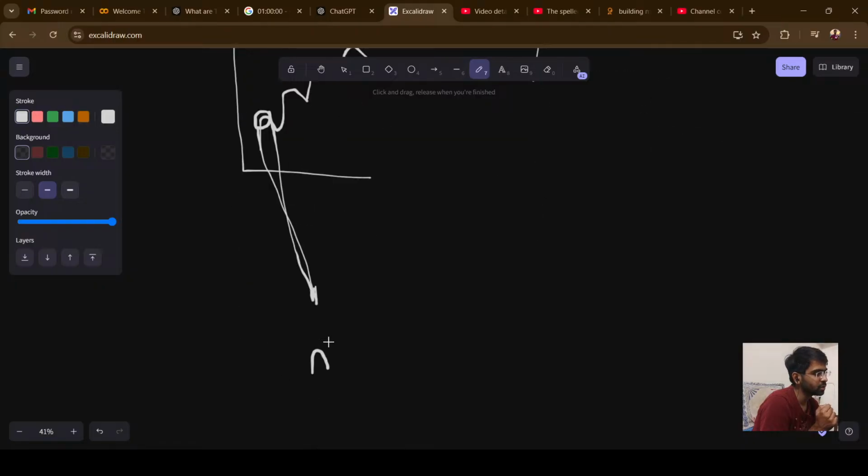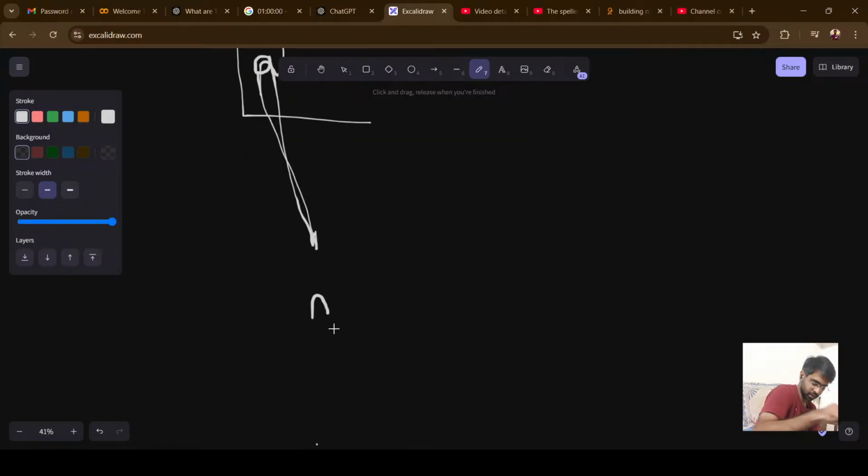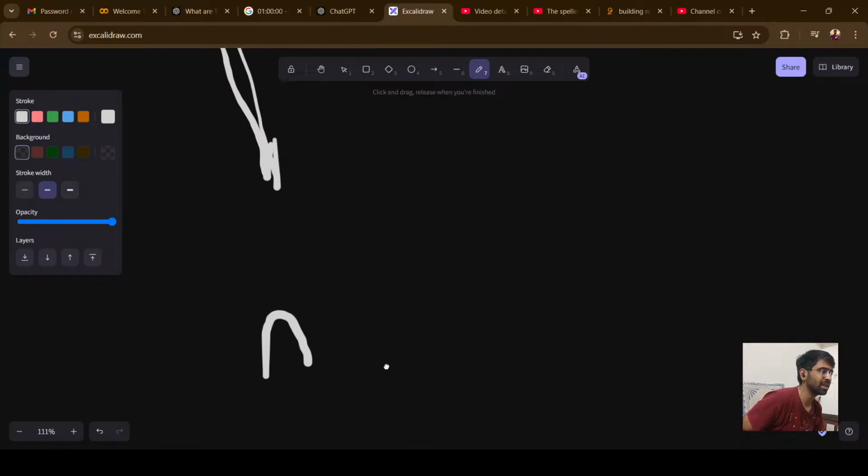This point is known as one turn. Why? Because some change is happening here. Here the function is increasing. Here the function is remaining constant, meaning there is no change. And here the function is decreasing.